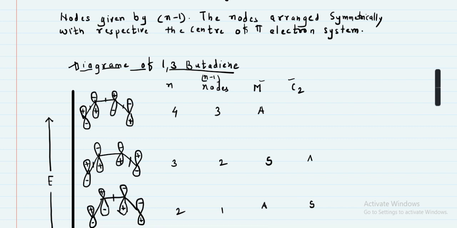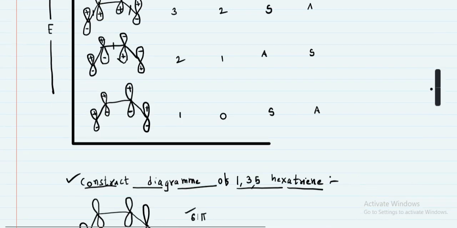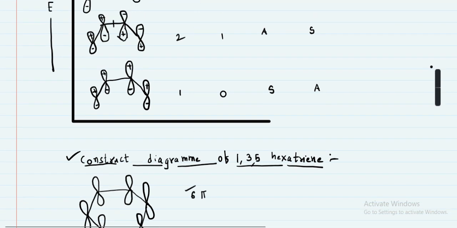Let us construct the pi molecular orbital diagram of 1,3-butadiene. Already we have discussed there are 4 molecular orbitals.